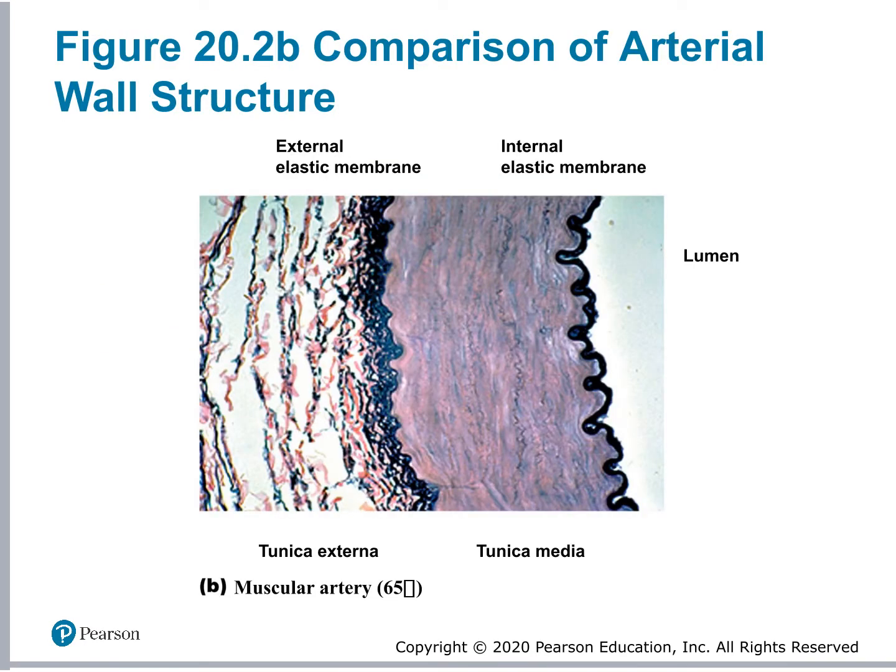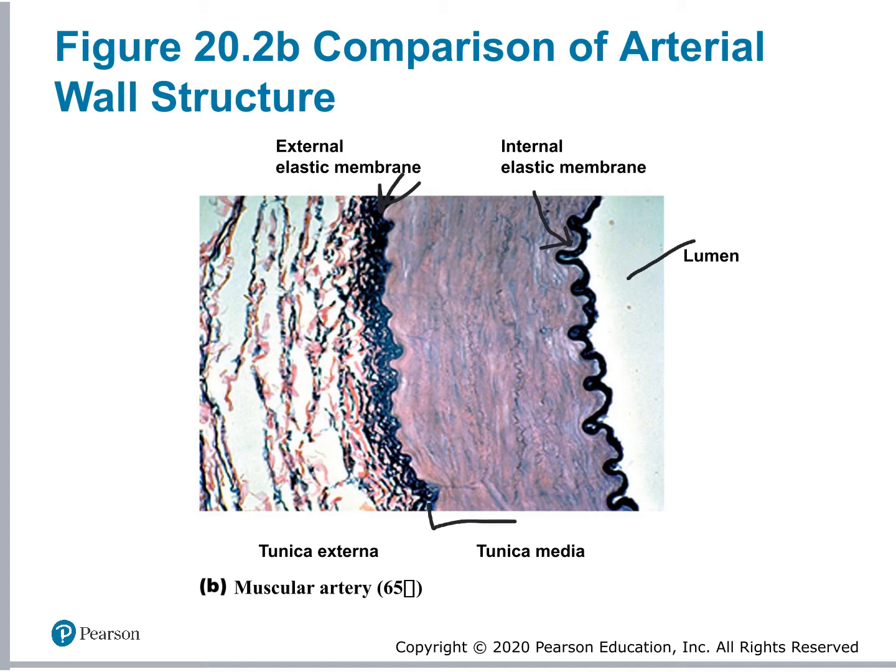So this is a microscopic picture of the muscular artery. Again, this line is pointing to the lumen right there. That's where the blood is being transported. The elastic layers are concentrated at the part of the muscular wall that meets the tunica intima, and then we have another elastic membrane that's closest to the tunica externa.